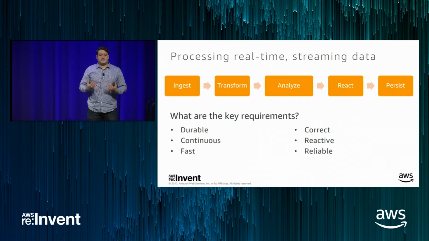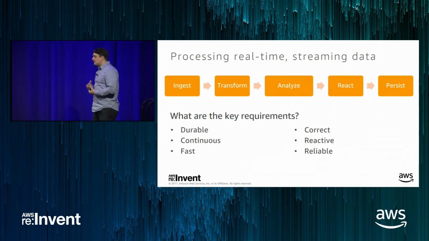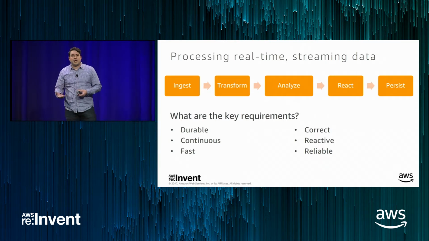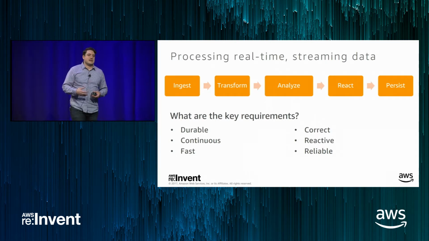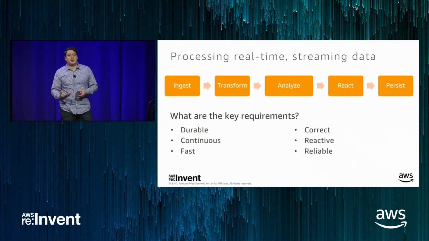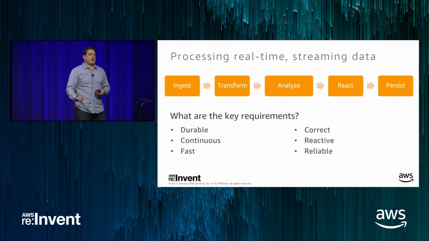The other thing is fast, the speed at which you process. Any type of processing, regardless of whether you're running a count or running an ML algorithm in real time, has to be able to keep up with the incoming data stream. Falling behind means you lose that value of doing the real-time data processing.